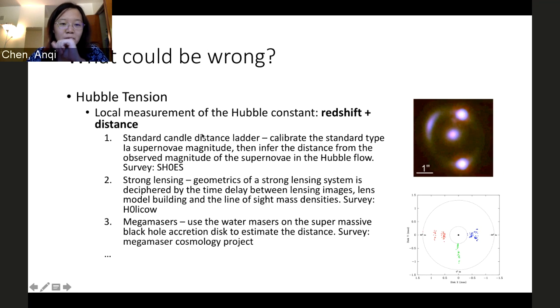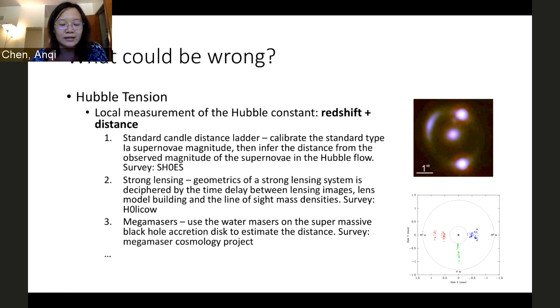The local measurements of the Hubble constant come from, like I described before, the redshift plus distance relationship. Redshift is easy to measure. All of the methods listed here are mostly crafted for concrete measurement of the distance. The first one is the most famous one, the standard candle distance ladder.